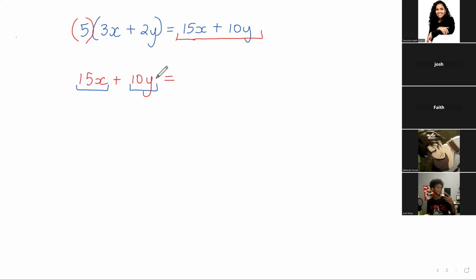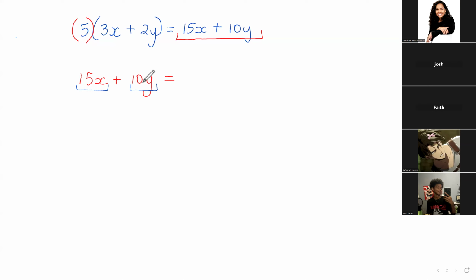Or what are the factors of 15x and 10y? So x and y do not have any common factors other than 1, right? But 15 and 10 do have a common factor. What number can go into both 15 and 10, guys? 5. So 5 is the highest common factor of 15x and 10y. And you want to look for the highest common factor, right?